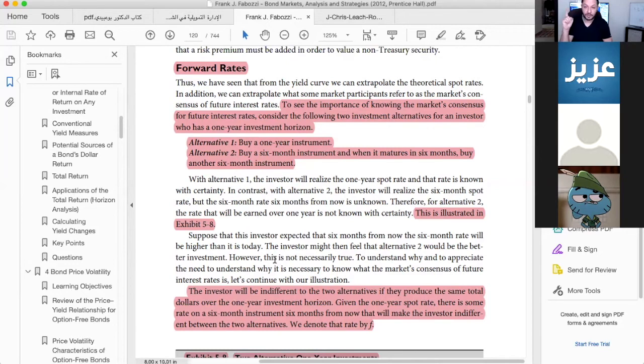If for the first alternative I have $10 of gain, while for the second one, for the same time horizon, I'm getting $15. What would be my decision? I will go for the second one, the two consecutive 6-month treasury bills. Actually, this is a less smart decision. There is a smarter decision than this one.